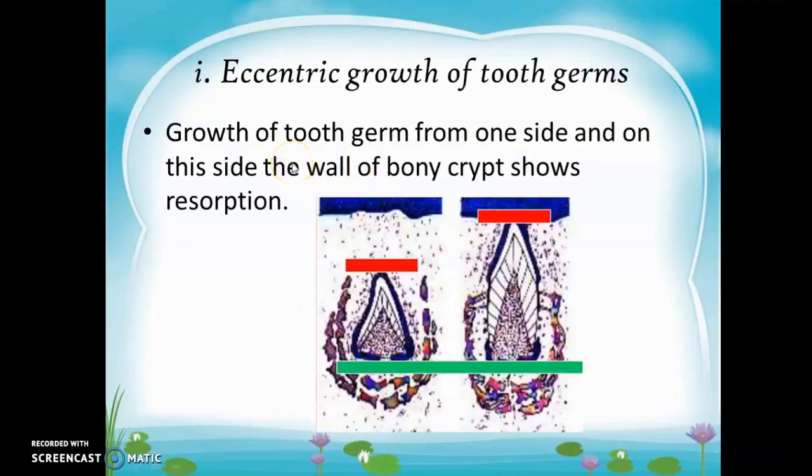Eccentric growth means the tooth germ grows only from one side, as you can appreciate in these images. There is growth on this side of the tooth germ, which is facilitated by resorption of the bony crypt wall on the side of the growth. Thus, eccentric growth of the tooth germ is facilitated by bony resorption of the crypt wall.